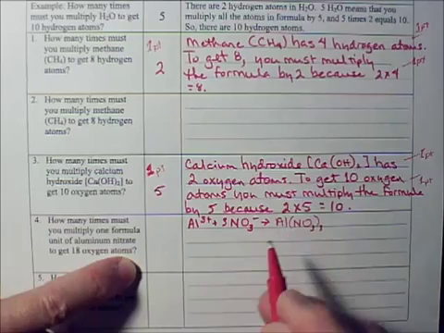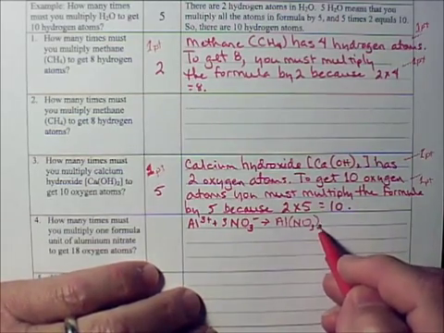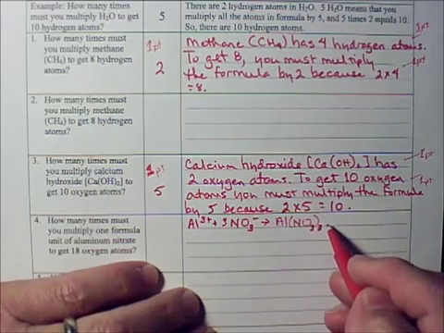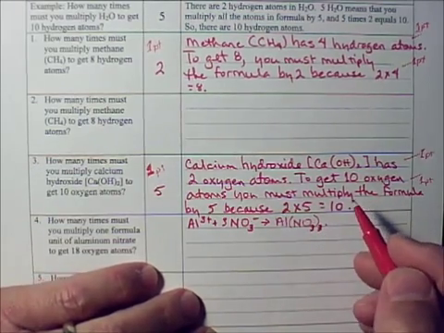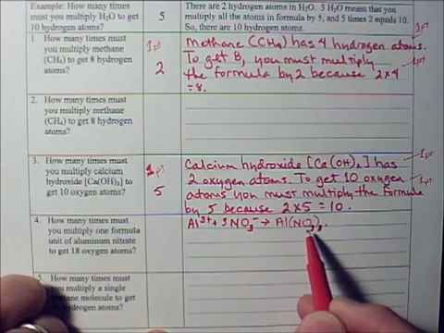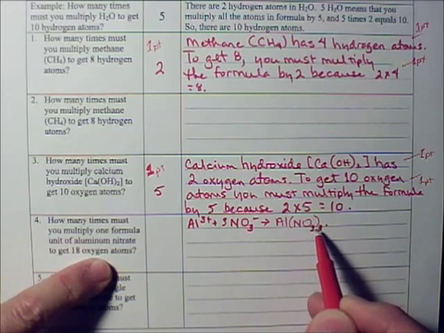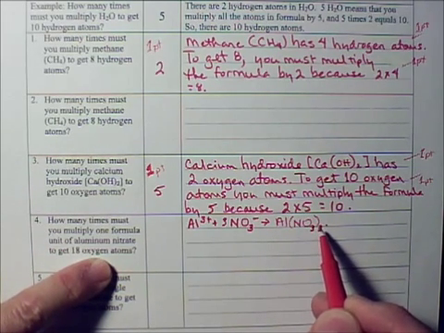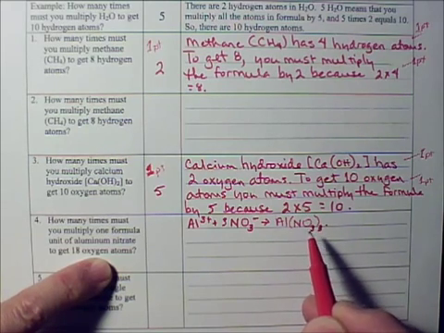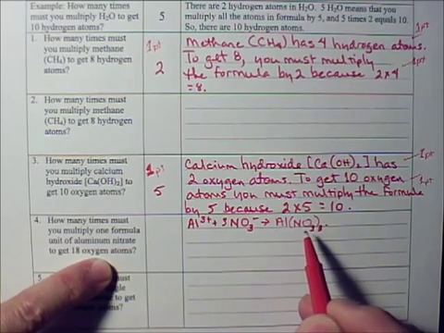So we have 3 nitrates attached to the aluminum ion to get a balanced, neutrally charged formula. Okay, now we can explain how we start with 9 oxygens here. 3 outside the parentheses multiplies the nitrate by 3, and there are 3 oxygens in the nitrate, so there are 9 oxygens to start with.